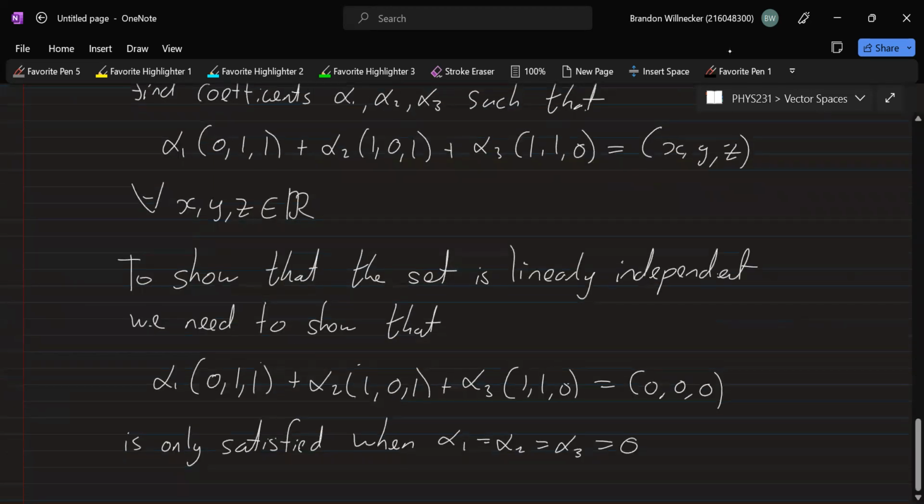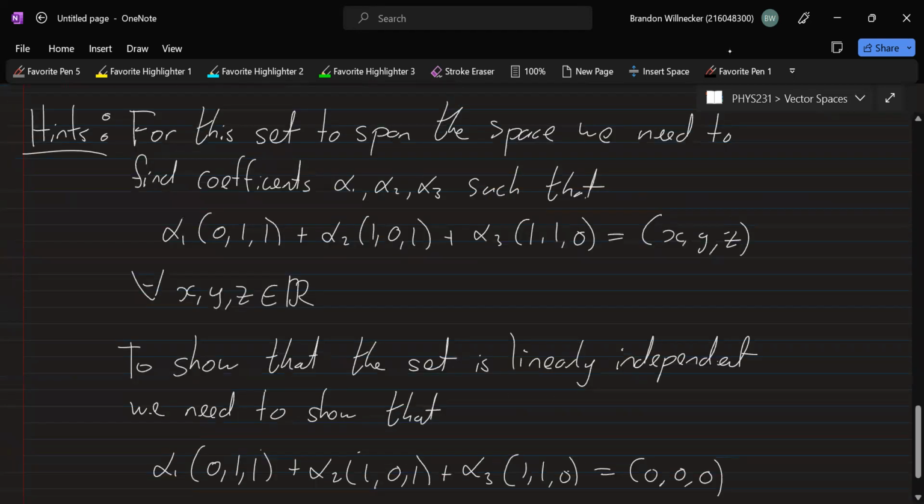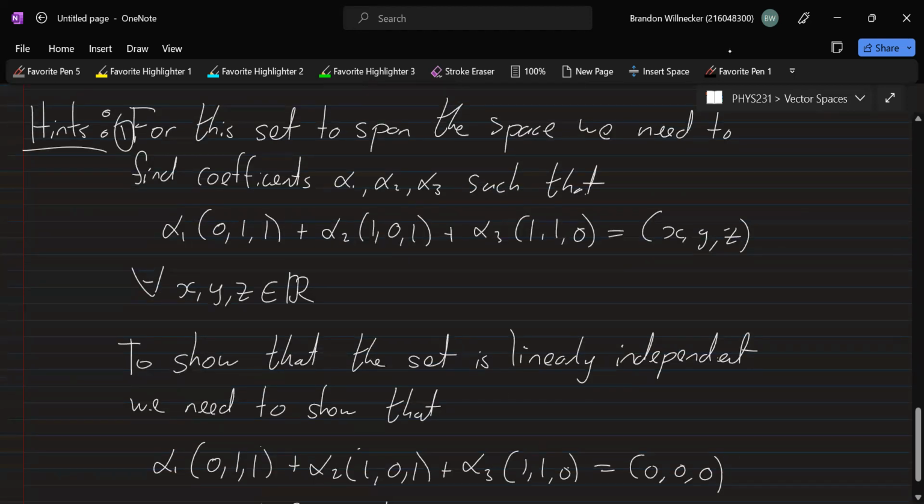Okay, so if we can show those two, number 1 and number 2, then it means that that set is a basis. Okay, so it's not too difficult to do.